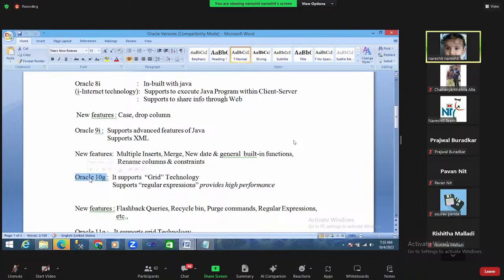What is the difference between these versions? We'll discuss one by one, guys. In the coming session, we'll discuss the remaining versions and the importance of I, G, and C. Tomorrow's session we'll discuss.